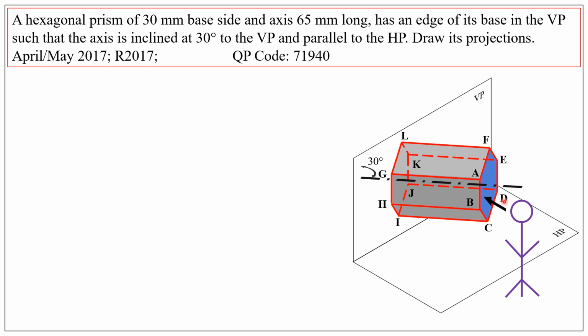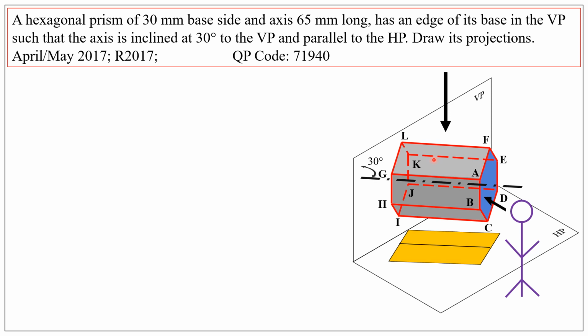So what is our aim? To draw the front view and the top view. It is difficult to imagine and draw the front view corresponding to this position. We cannot draw the front view directly. But when you look from the top, the top view is a rectangle.